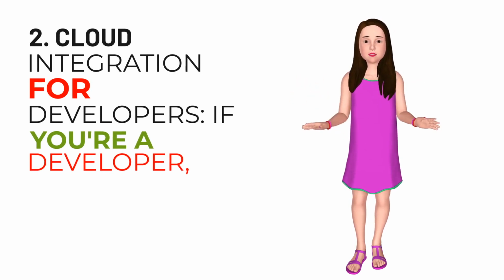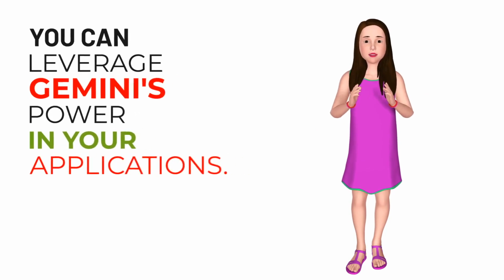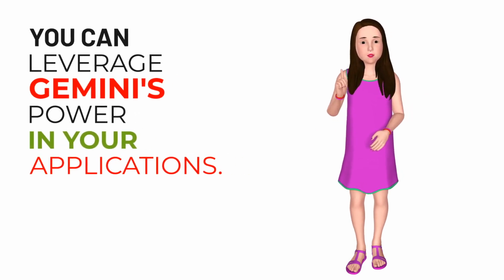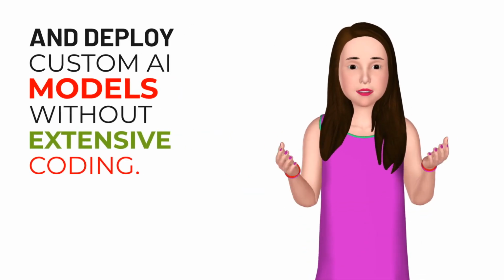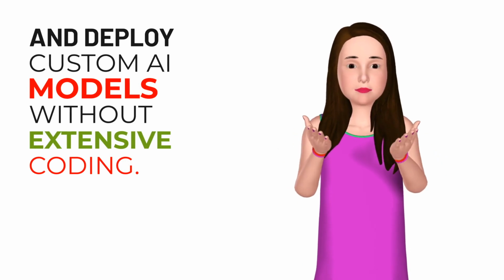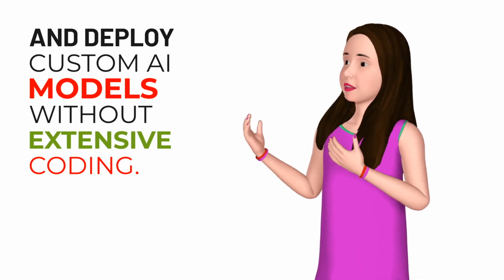If you're a developer, you can leverage Gemini's power in your applications. Here's how. Google AI Studio. This platform allows you to build and deploy custom AI models without extensive coding.